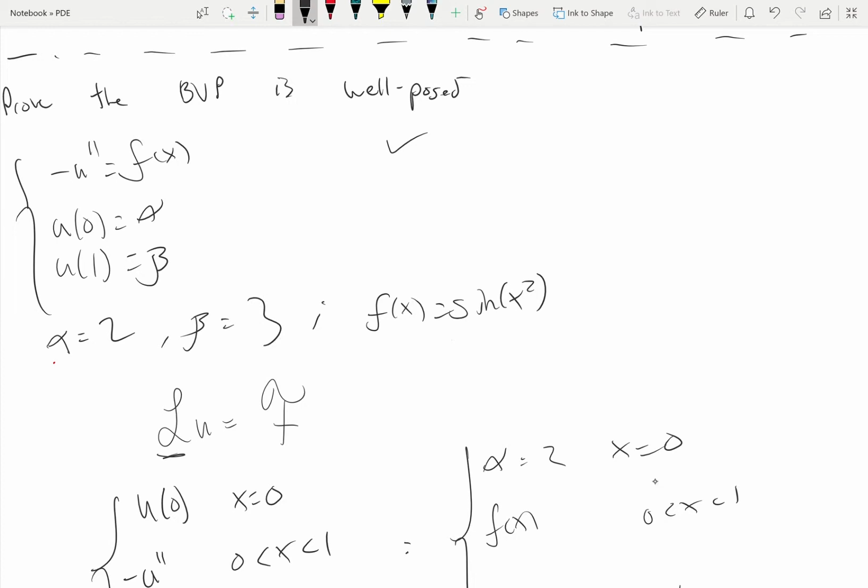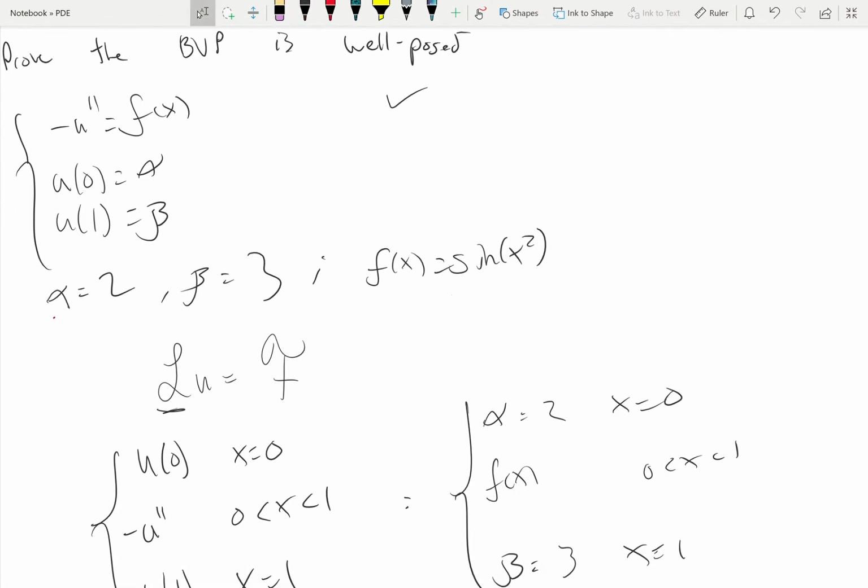U of 0 is equal to alpha, and u of 1 is equal to beta. Now we're going to say that alpha is equal to 2 and beta is equal to 3, and f of x is equal to sine x. Now by definition, this is already putting it together, right?